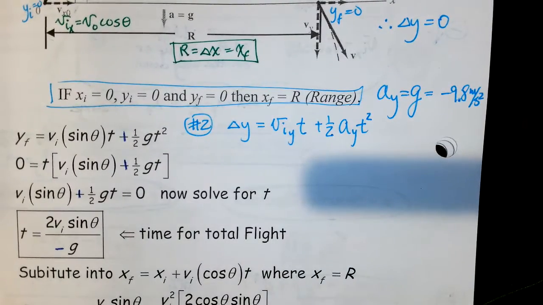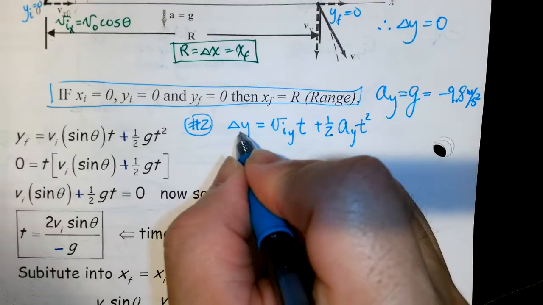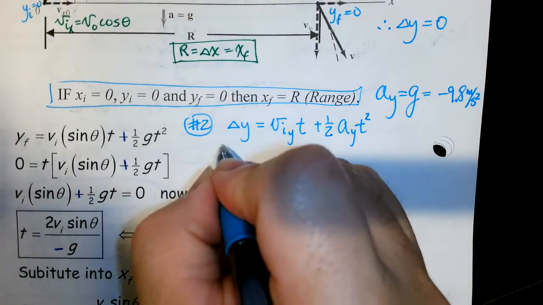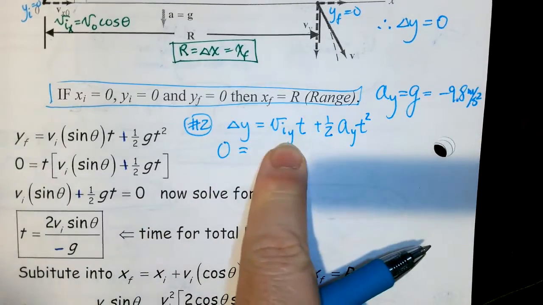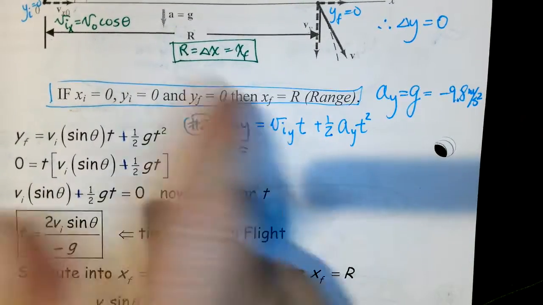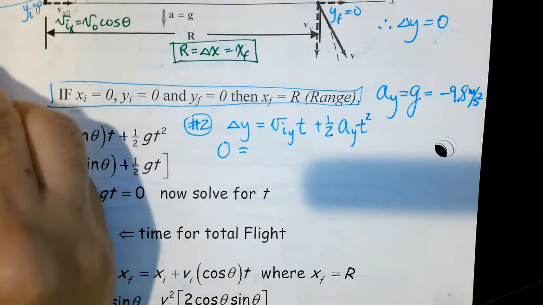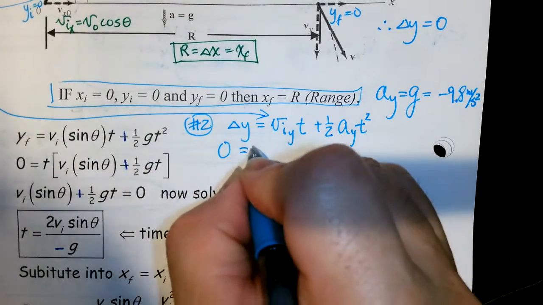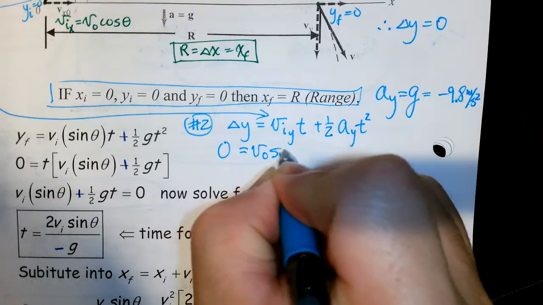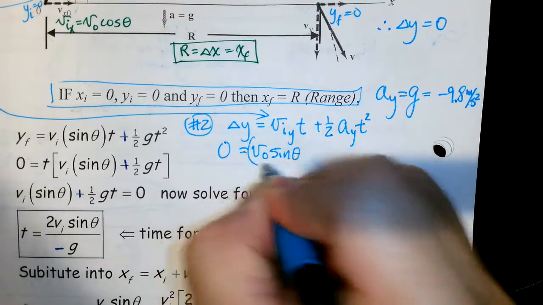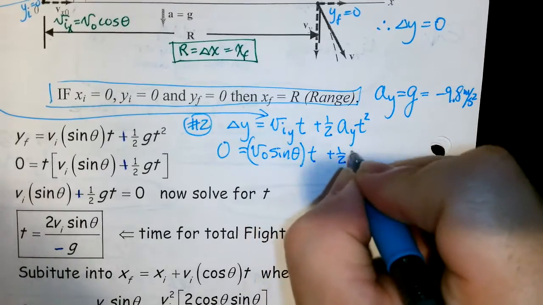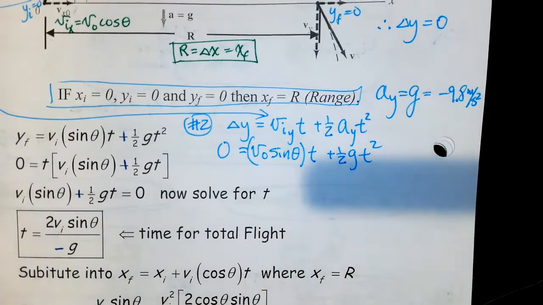Well, if we say my delta y is 0, therefore I'm going to set this equal to 0, and my V_iy is V naught sine theta, times t plus 1/2 g t squared.